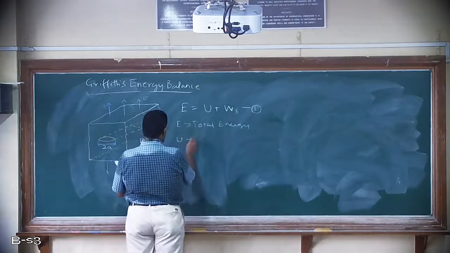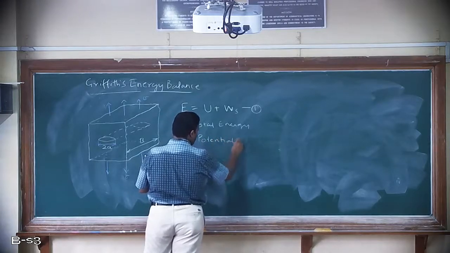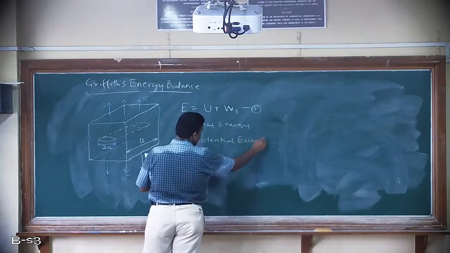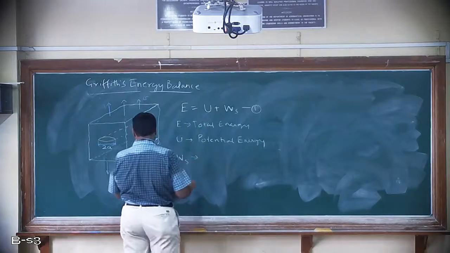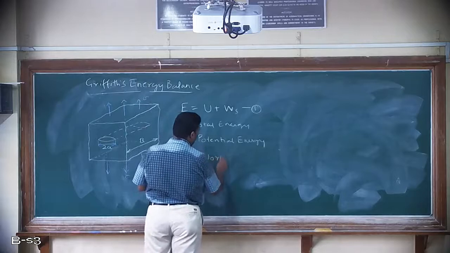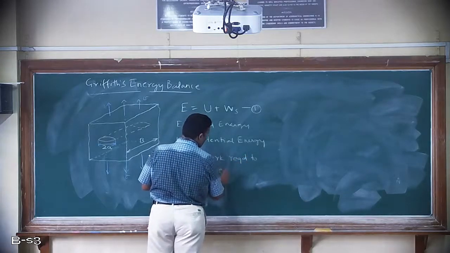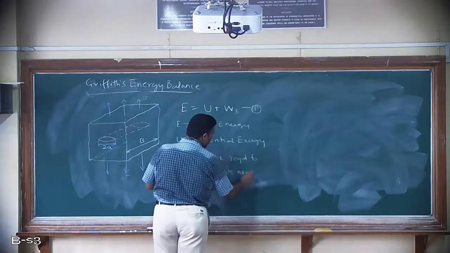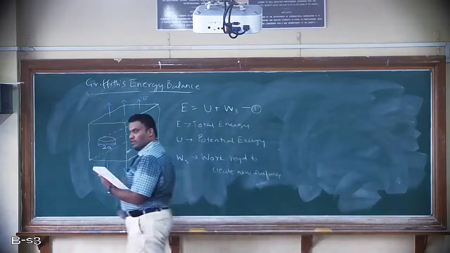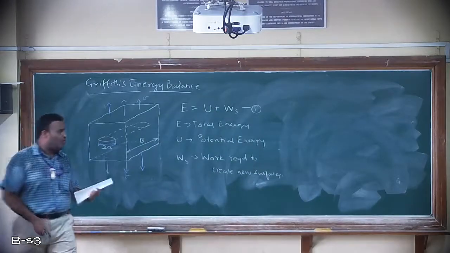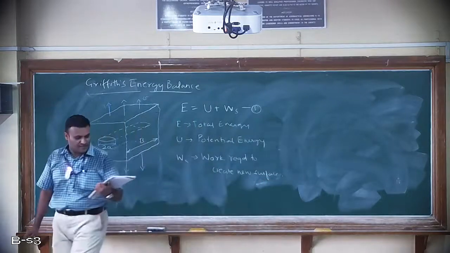U is the potential energy, and Ws is the work required to create new surfaces. Is that clear? Or one surface, you can say, work required to create one new surface.